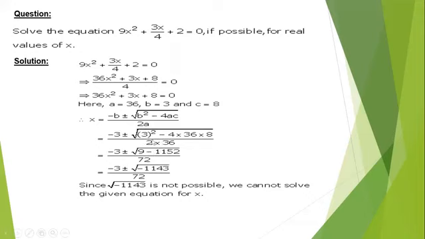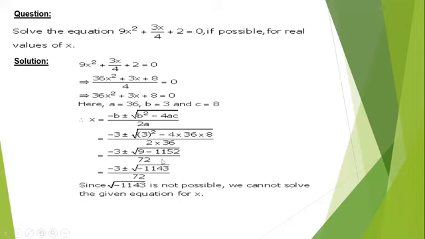I have substituted the values and after solving, I got minus 3 plus minus under root minus 1143 upon 70. And as we have already learned, if the discriminant, meaning inside the root, is coming minus, the solution is not possible.